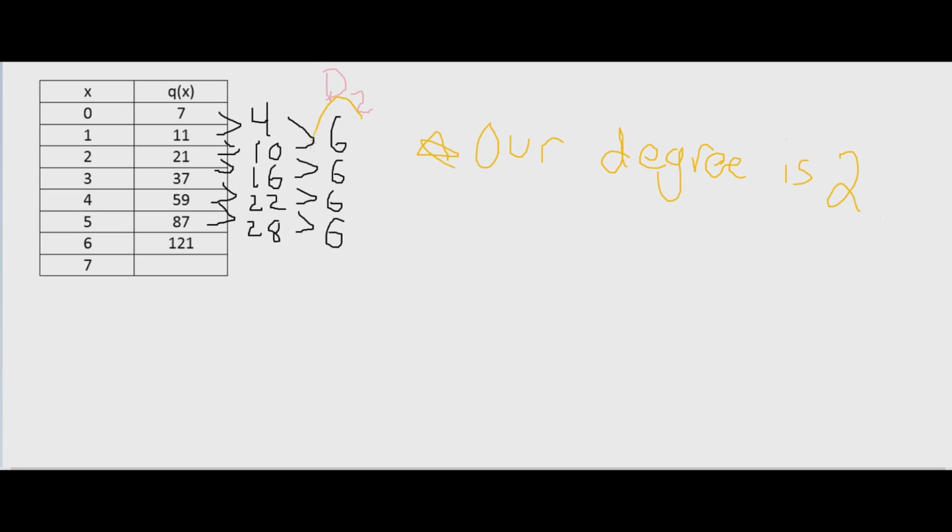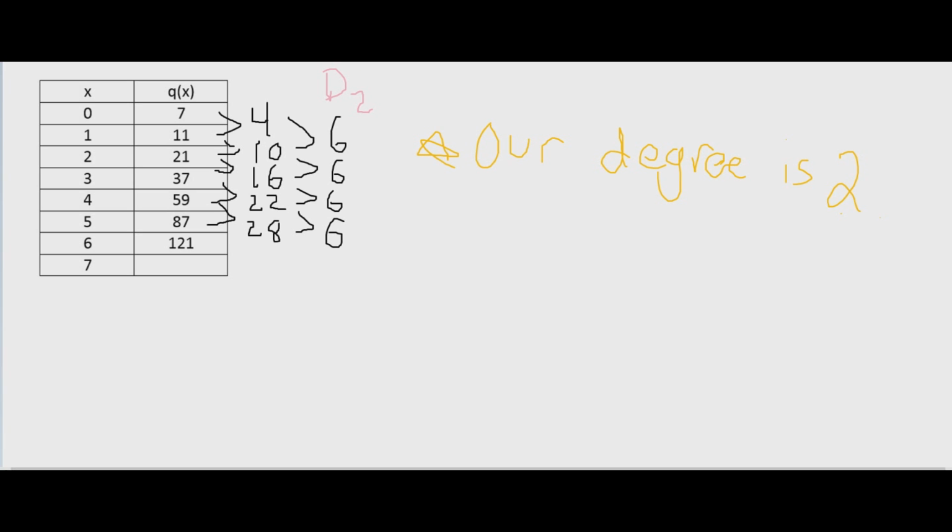So this number here doesn't mean anything by itself. It's just how many times we have to continue to subtract, and how many rows we need, in order to get a constant term every time. Well, we get 6, 6, 6, 6. So we know now that if it took twice, I put D2, which tells me that our degree is 2.